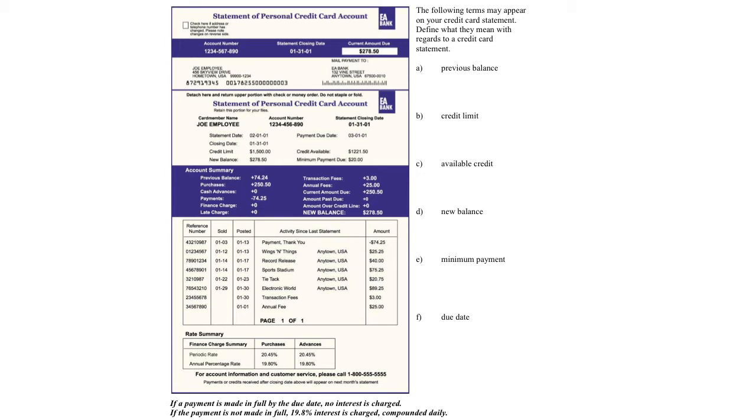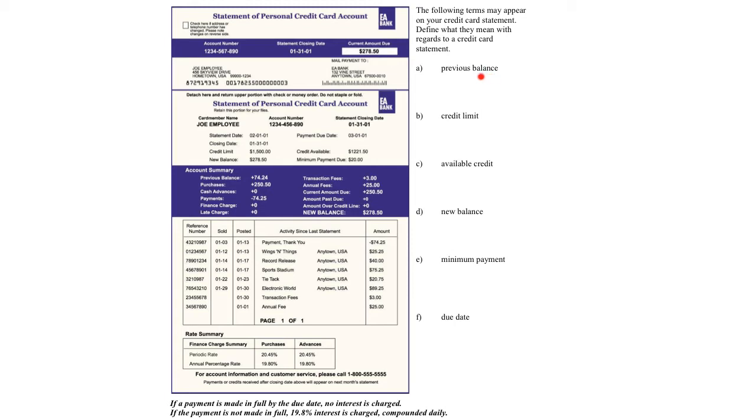And so on most credit card statements, they'll have a similar format to this one that I've shown you here. And this is just an example I found on the internet, but it might not be set up exactly the same. But most of these words will appear at some point on your credit card statement. So it's important to know what they mean.